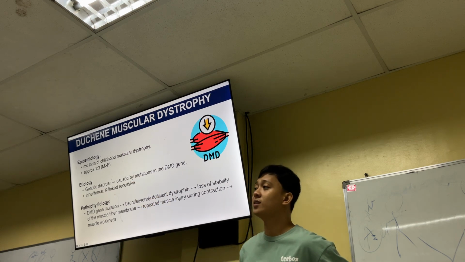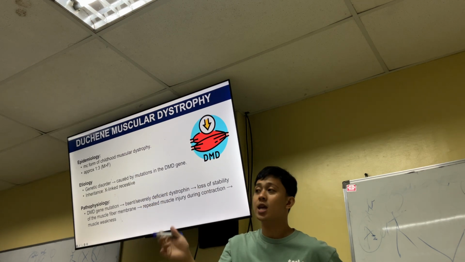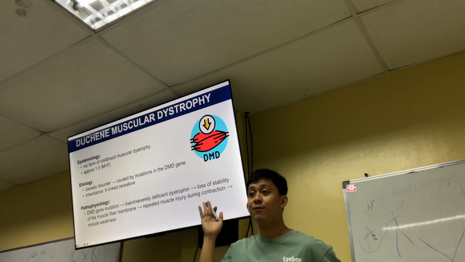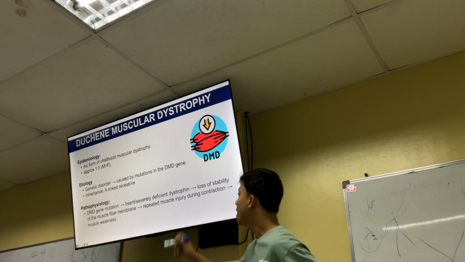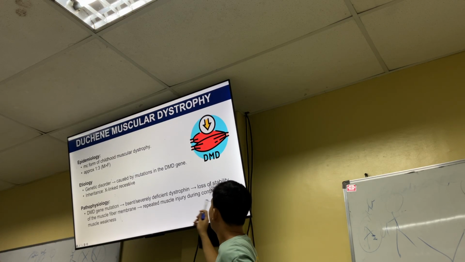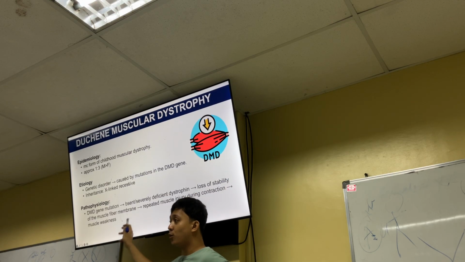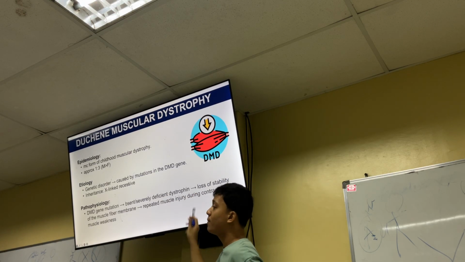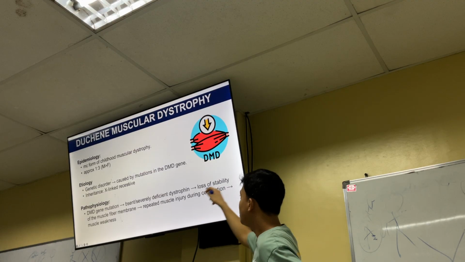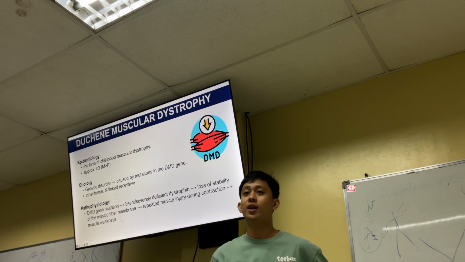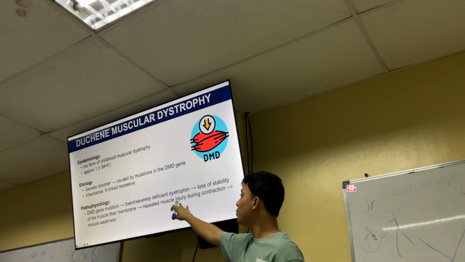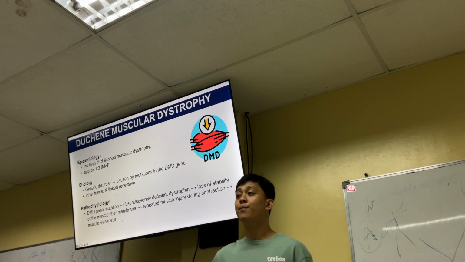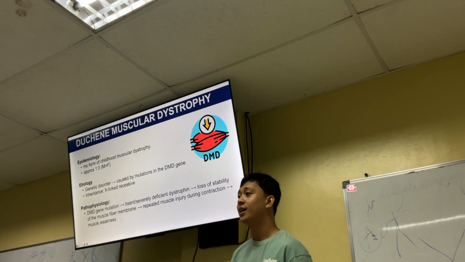Again, if dystrophin is deficient, the cytoskeleton cannot properly do its function, which is to avoid mechanical stresses in your muscle, leading to the loss of stability of your muscle fiber membrane, leading to repeated muscle injury or stresses, leading to your muscle weakness. Gets? So just familiarize this one. Usually, this is the pathophysiology of your Becker muscular dystrophy. Gets?